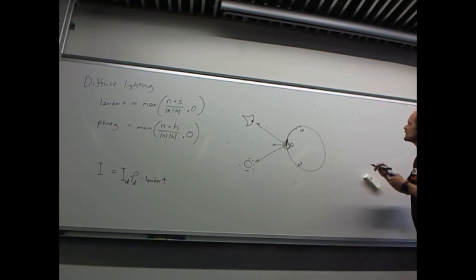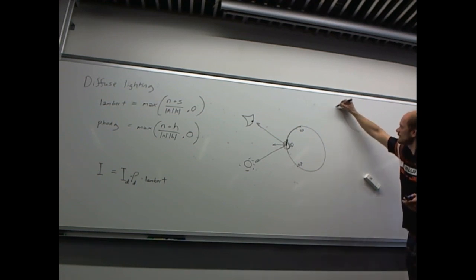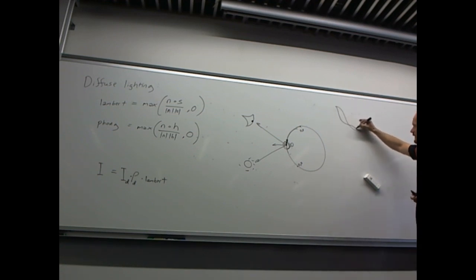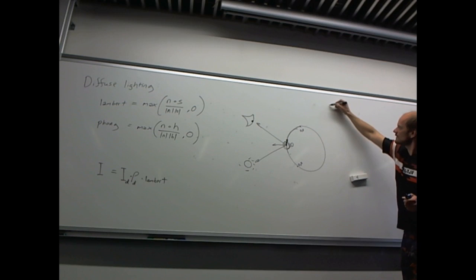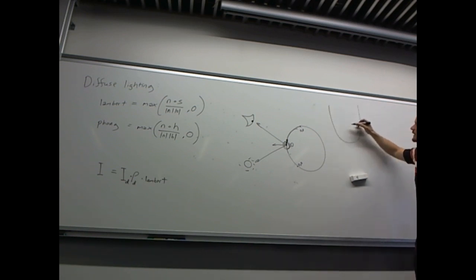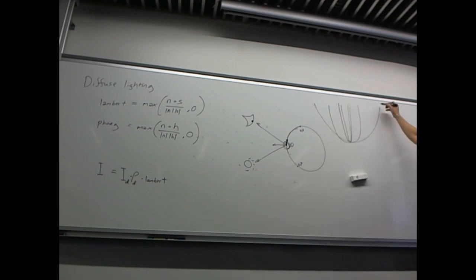So how can we change a function that looks something like this to a function that looks something like this? How can we tighten this curve? If you, for instance, look at just regular parabolic curves, what's usually the difference between one that looks like this and that looks like this?